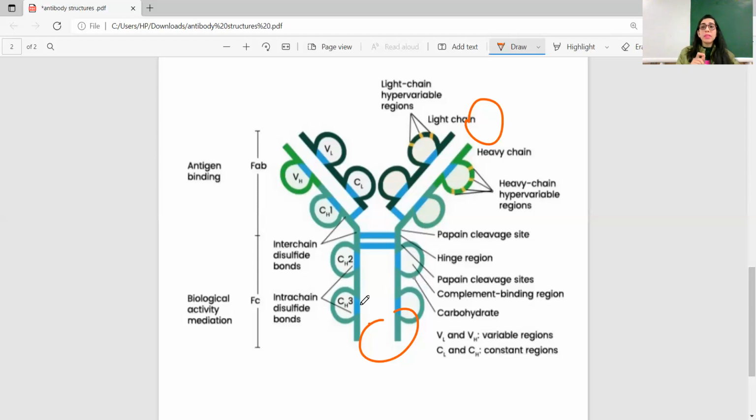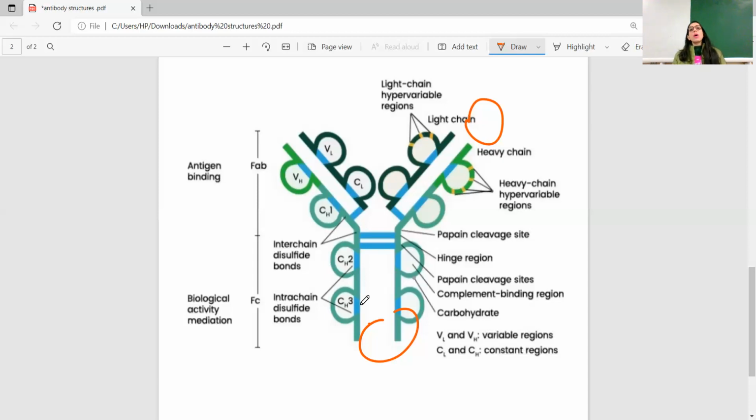This IgG antibody can cross the placenta and enter you. And through colostrum, which is the first milk, when the mother feeds the baby, you get IgA antibodies. So again, I'm repeating, IgG and IgA are the antibodies gifted by your mother to you.